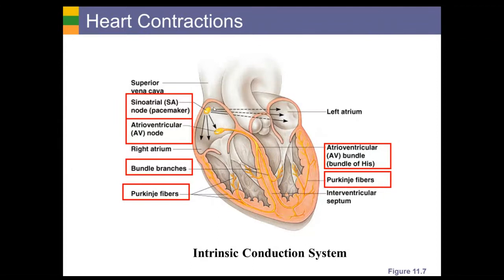Okay, so the intrinsic conduction system ensures that the right parts of the heart contract at the appropriate time. First the atria, then the ventricles, and the ventricles contract from apex to base, because the pulmonary trunk back here, which you can't see, and the aorta are where the blood leaves the ventricles and leaves the heart.